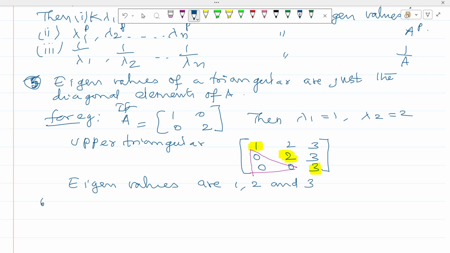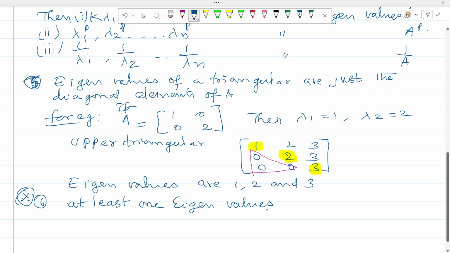And then one more important property is there. At least one eigenvalue is 0 when it is a singular matrix.